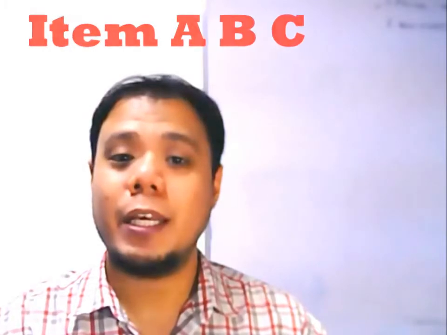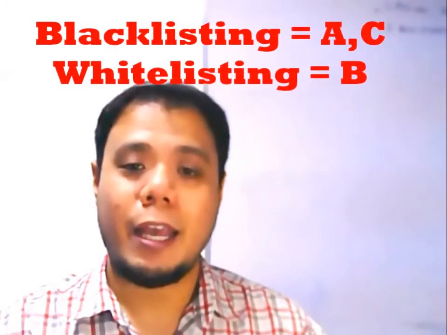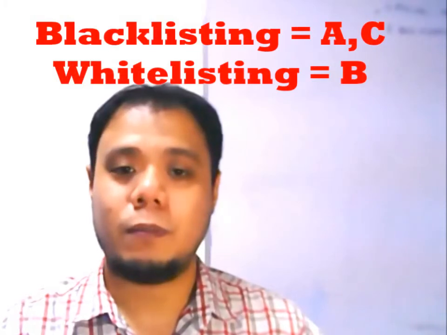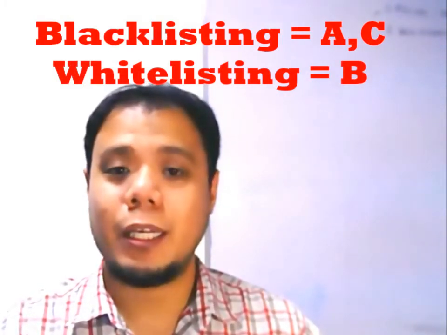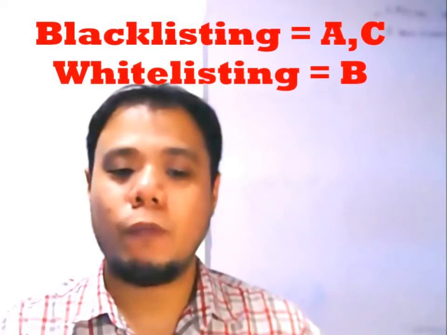Although blacklisting and whitelisting are opposites, they are not equal. Whitelisting is more secure than blacklisting. To show what I mean, let's say we have items A, B, and C, and only B is accessible. We can write it as A and C are blacklisted, or B is whitelisted. Both of them have the same effect: A and C will not be accessible, and B is the only accessible one.